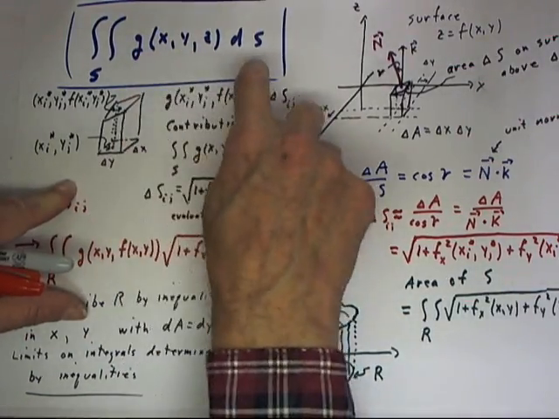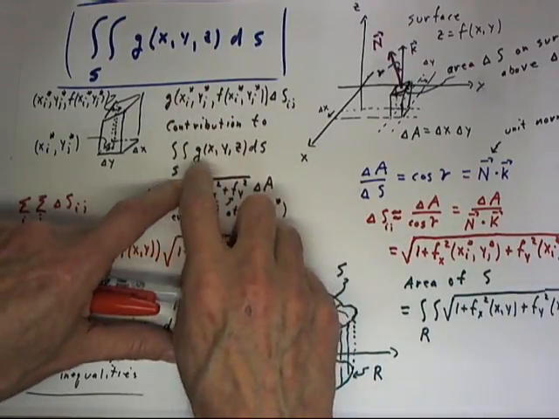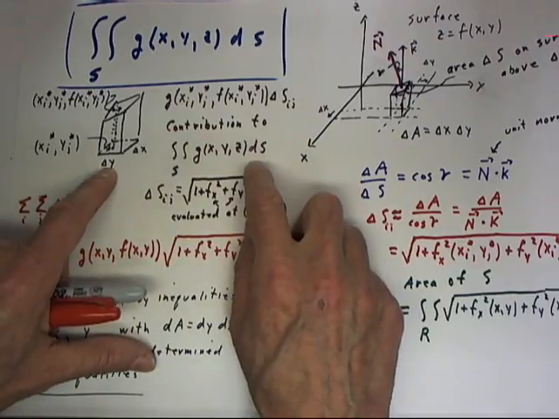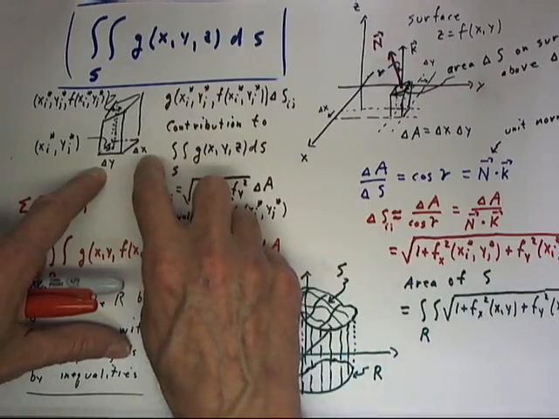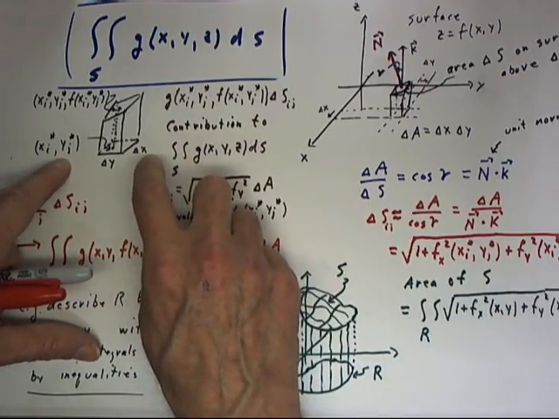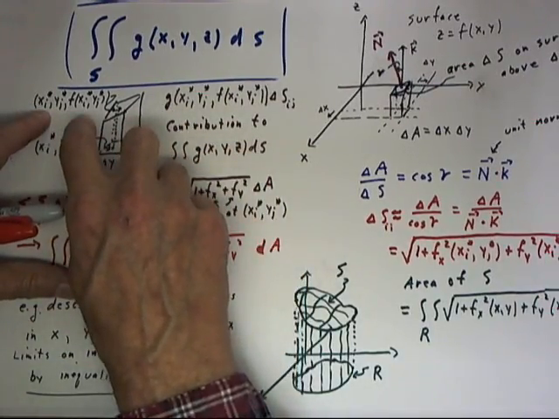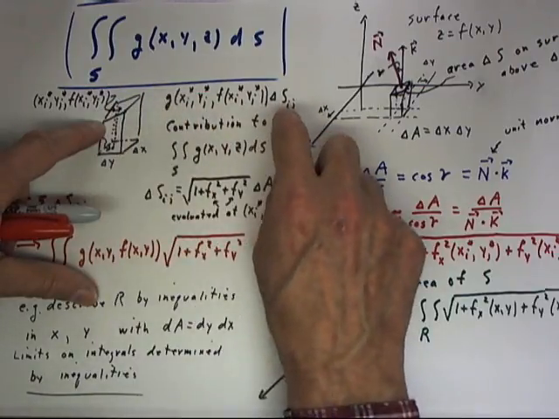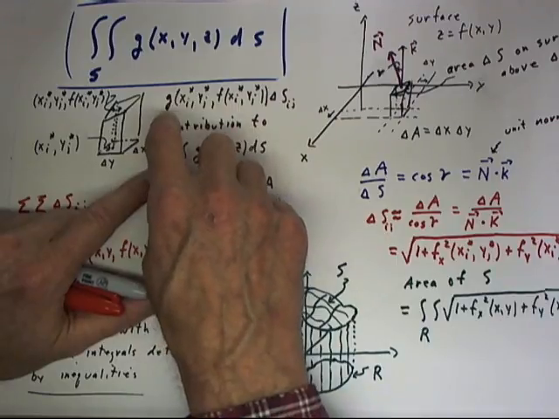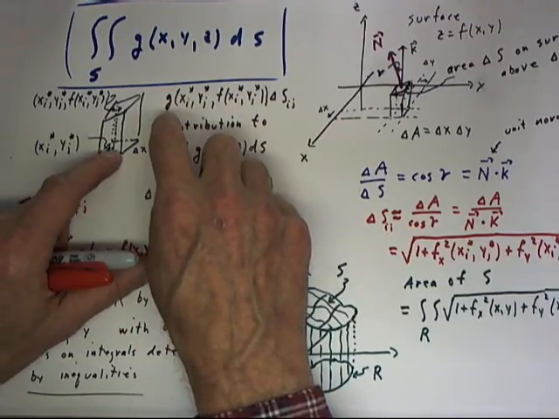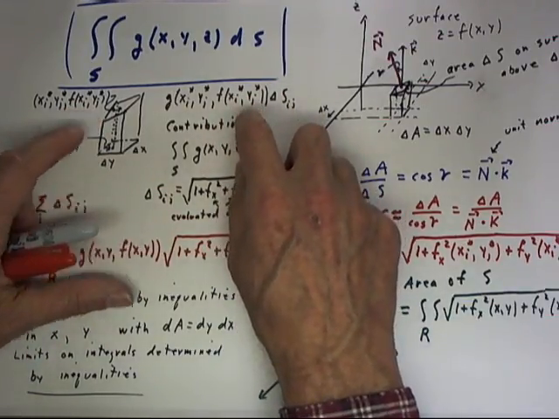In terms of this integrand, it makes complete sense then that the contribution to this integral corresponding to this interval of our partition should be the product of the value of the g function at this point multiplied by the area delta Sij, which means that we evaluate g at xi star, yj star, our sample point, and f evaluated at our sample point gives us the z coordinate.